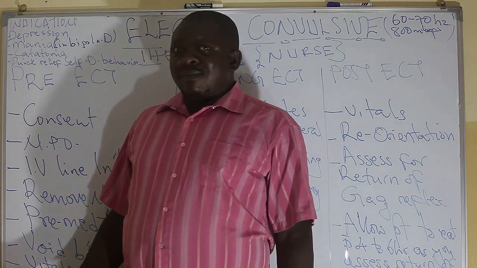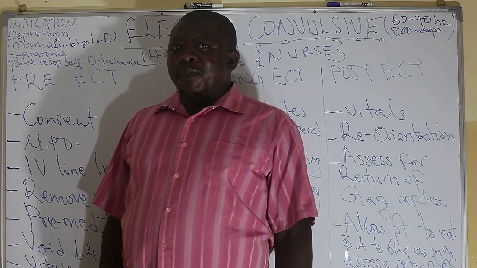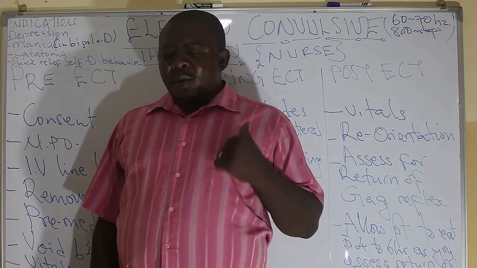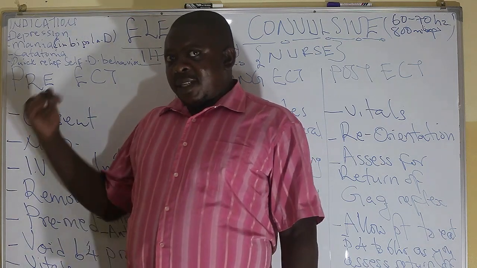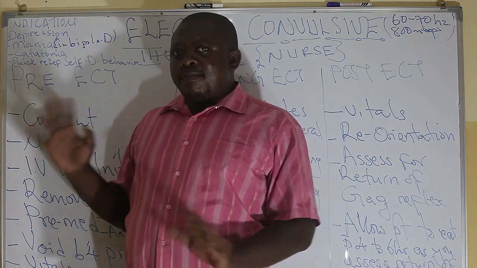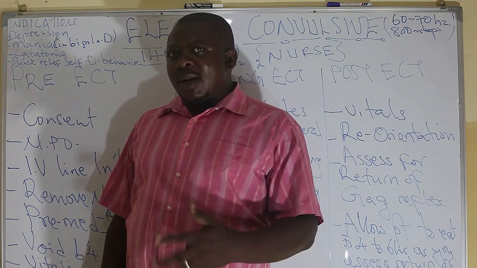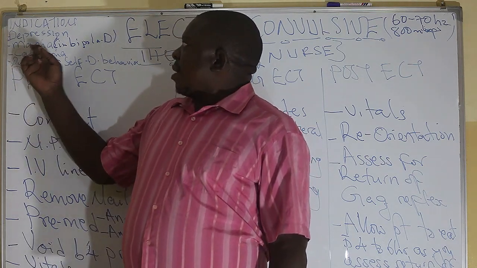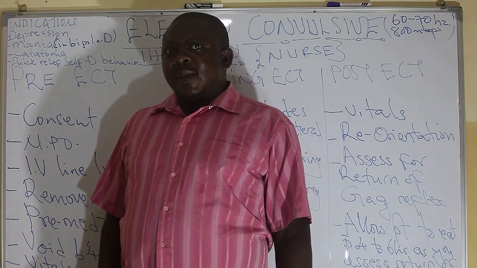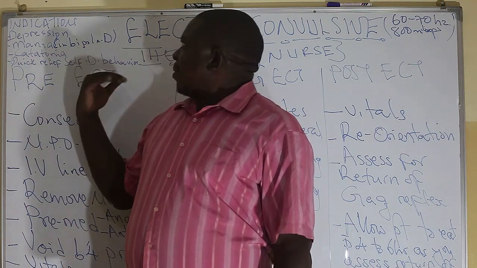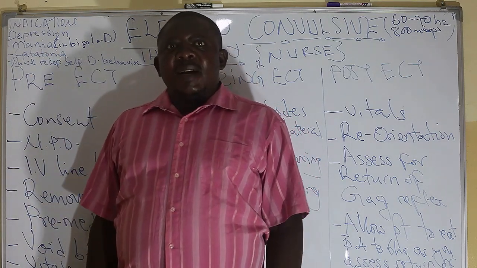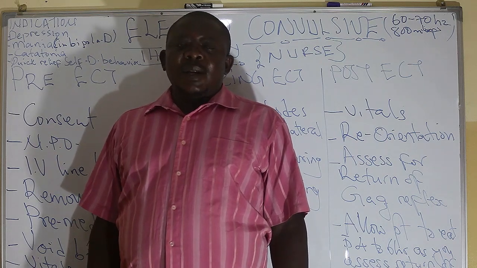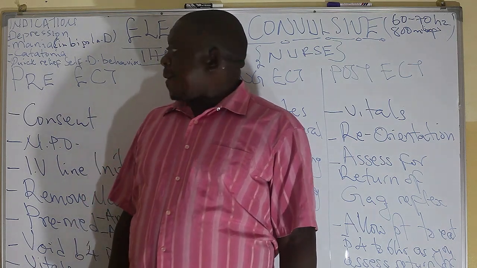Alright, so the indications for electroconvulsive therapy can be depression, where the patient is no longer responding to the drugs or has an adverse reaction, or mania. In mania, or in bipolar disorders, we use electroconvulsive therapy.